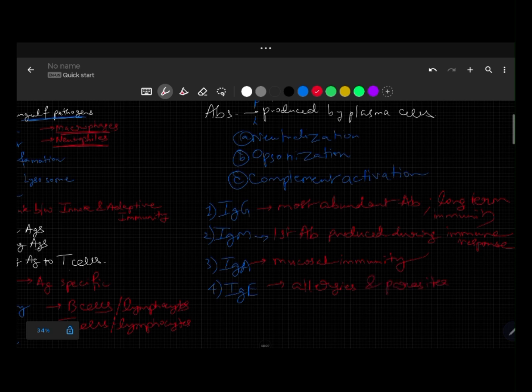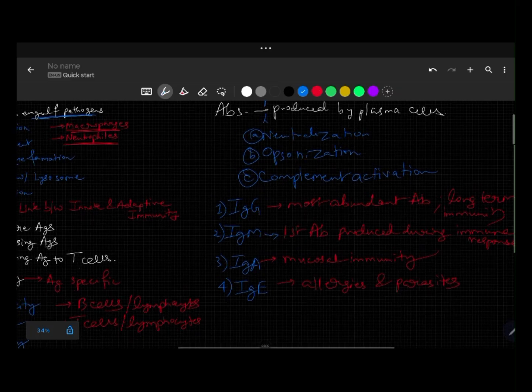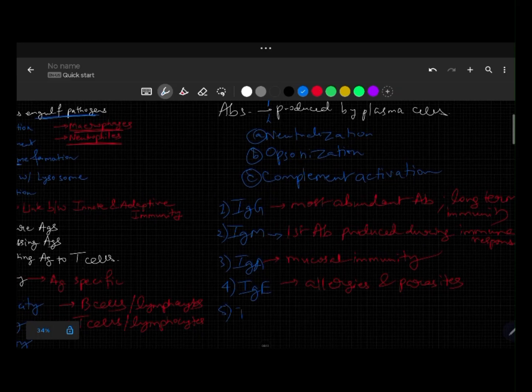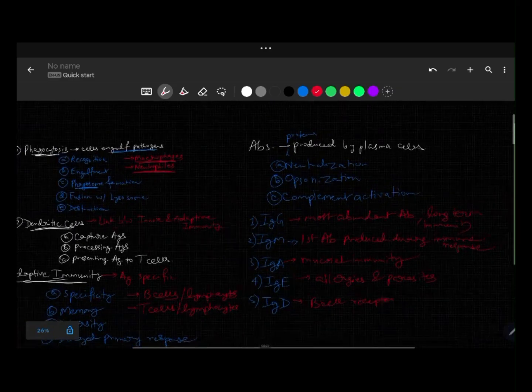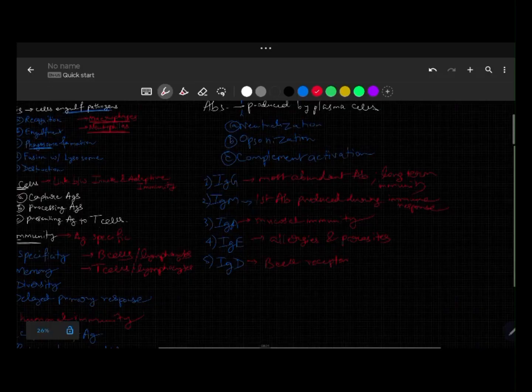And the fifth antibody is the IgD antibody, which functions mainly as B cell receptor. So these are mostly the important antibodies, and we will talk a bit about the T cells also.